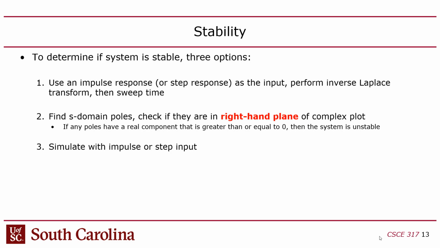And those roots are where the polynomial is 0. And if you're looking at the denominator part of the transfer function, that's also going to be the poles, because if the denominator is 0, that's a pole. So if you find the poles, and for each pole the real part is negative, that means that it's stable. Make sense? So I'll show you an example of that in a second.